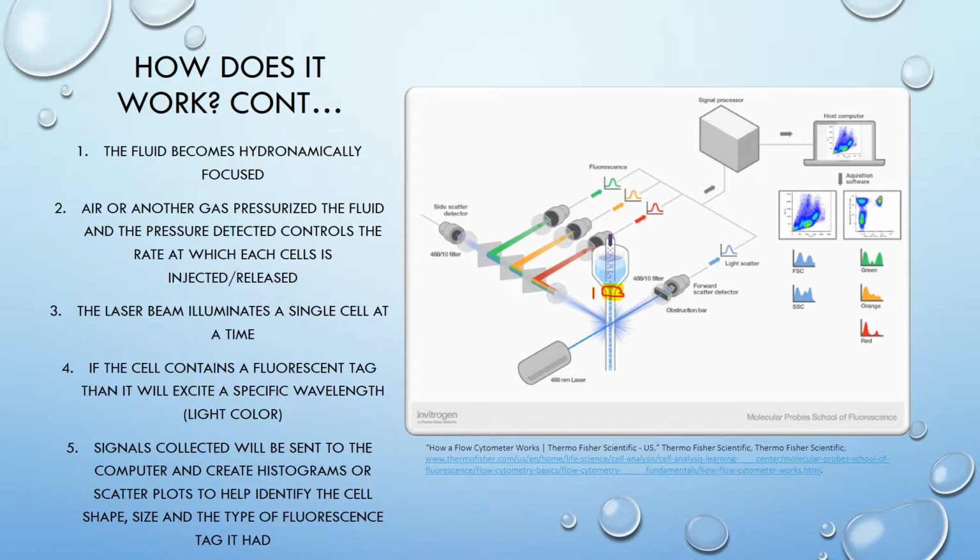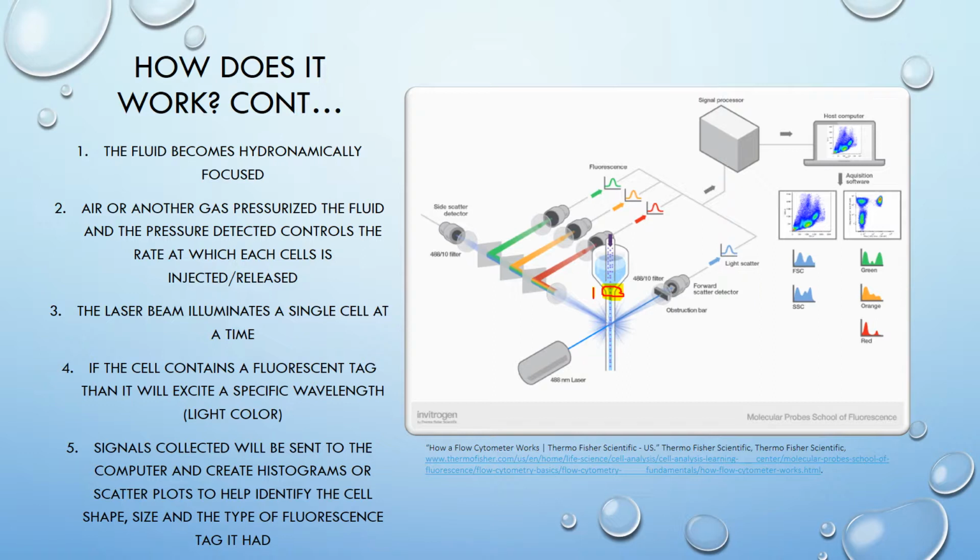So this is just a quick summary of how flow cytometry works. Where I circled in red and highlighted in yellow is where the fluid goes through, and it becomes hydrodynamically focused, which means that the cells are getting lined up to go down one by one. The air and other gases pressurize the fluid, and that's what controls the rate at which each cell is injected or released down, and the laser hits it.